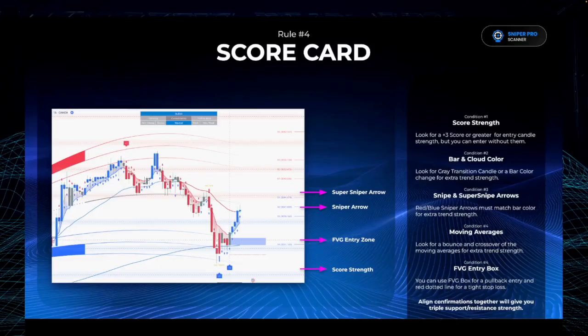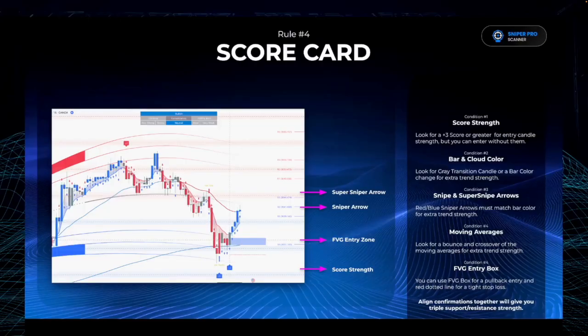The other option, if you're looking to confirm the market a little bit more, is to allow the scorecard to print and have an FVG box or an entry box plotted, then simply look for the market to pull back and wick that entry box. If it wicks or enters that entry box, you can use that to have better risk to reward.